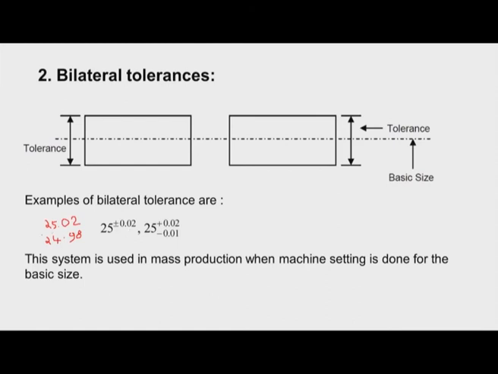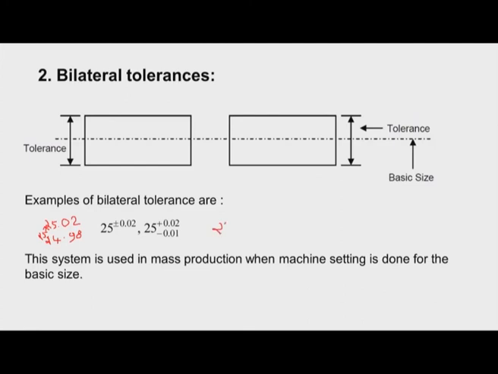Now, the basic size is in between these two, and the deviation is allowed. This basic size is 25 millimeter. So, the deviation is allowed on both sides of the basic size. So, that is bilateral tolerance. Now, another example is 25 plus 0.02 mm and 25 minus 0.01 mm.